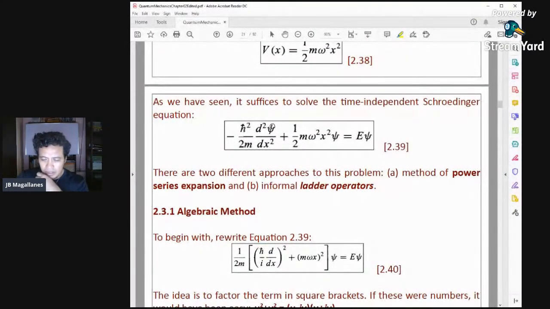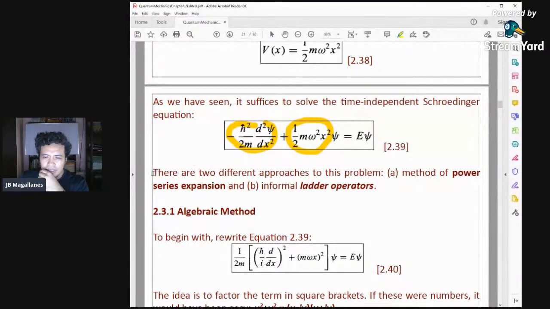So the time independent Schrodinger equation will now look like this. This is our V, V times phi equals E phi.